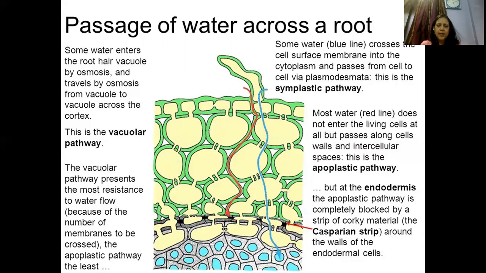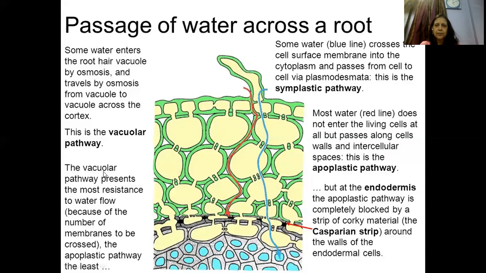Now this vacuolar pathway could be symplast. There are two kinds of pathways that we are going to see here, the apoplastic pathway and the symplastic pathway. Now here you would see what happens in the vacuolar pathway.